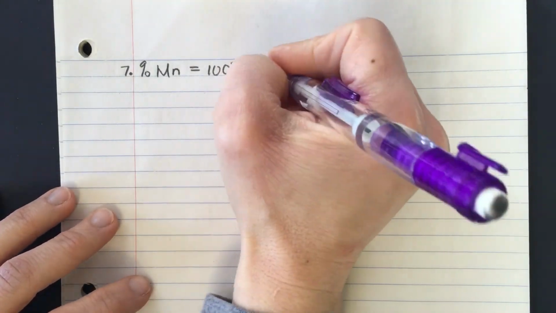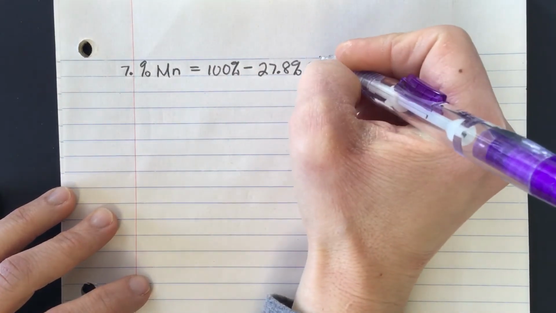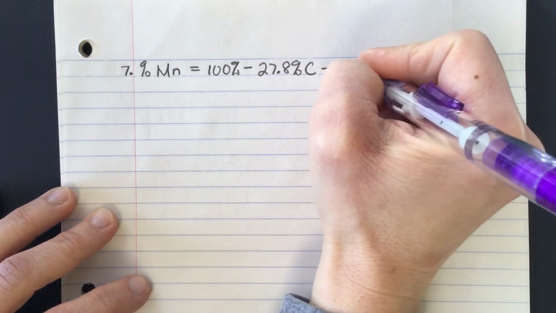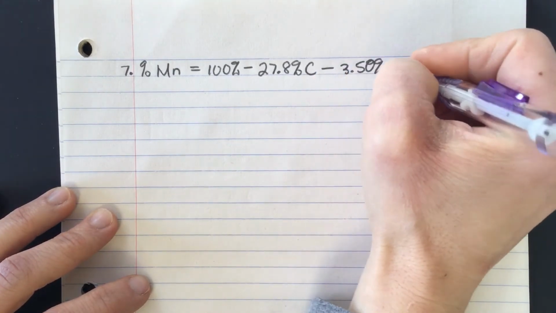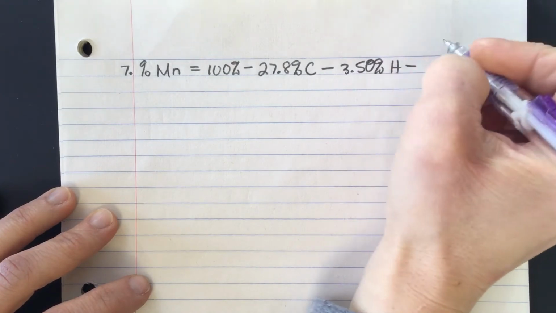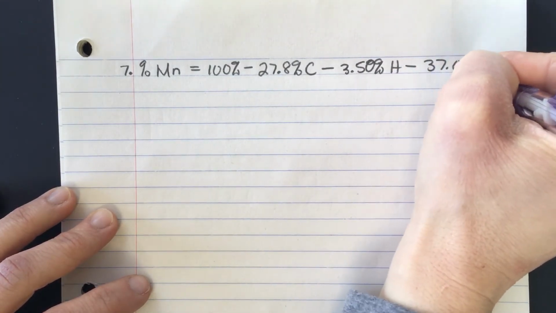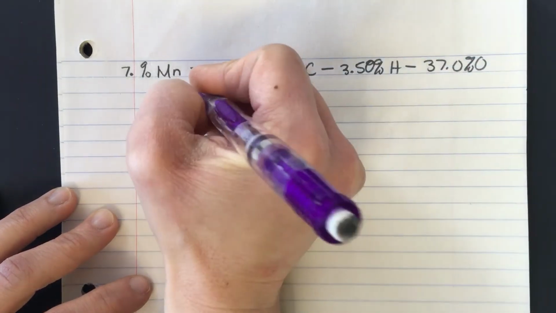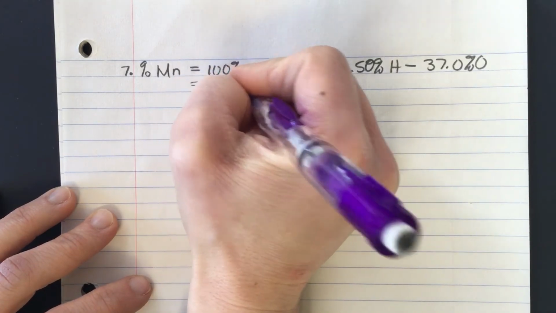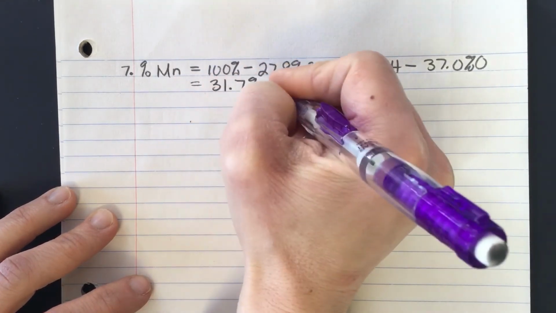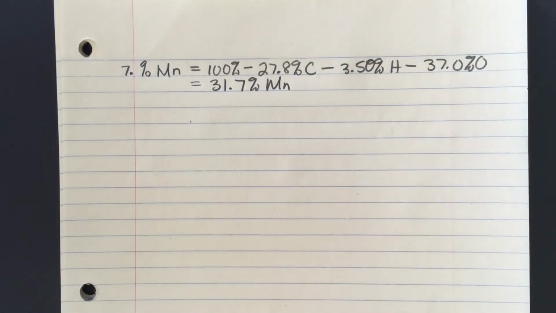So it's minus the 27.8% for the carbon, minus the 3.5% for the hydrogen, minus the 37.0% from the oxygen. And when I subtract those out of 100, I get 31.7% manganese. From there, it's just like the previous problem that we just did.